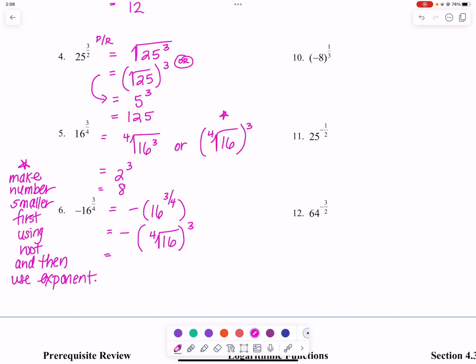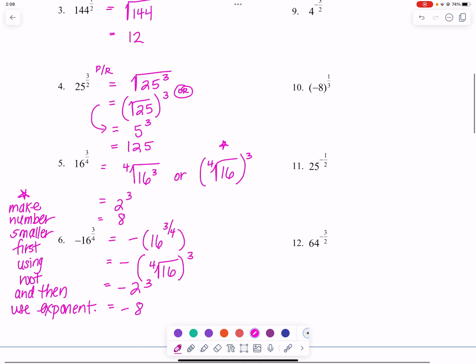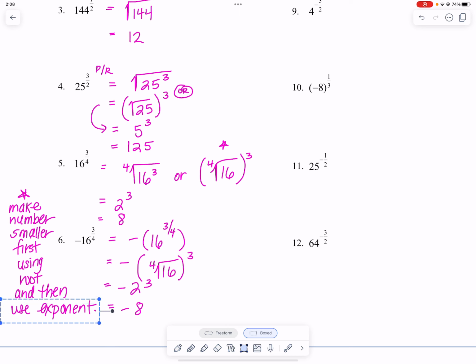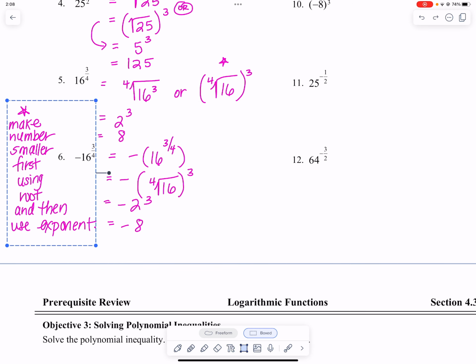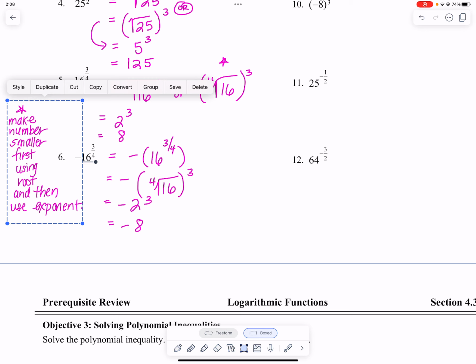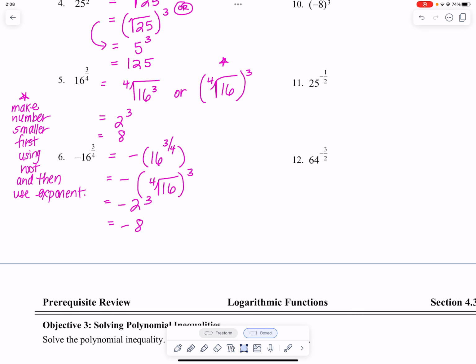And again, we have the opposite of 2 cubed, and then we have -8.